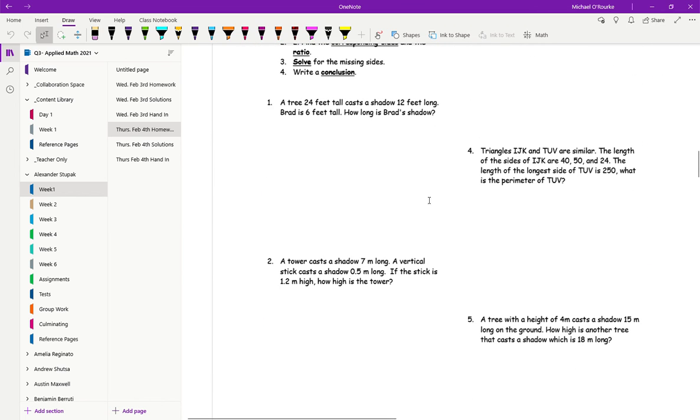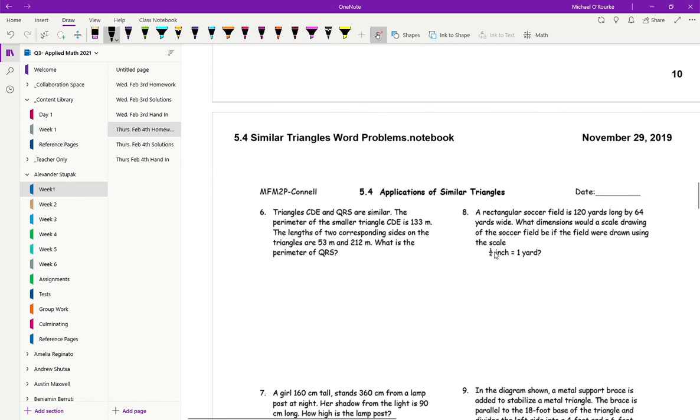Okay? There's a bunch of shadow questions. Question 4 we did, so we can take out question 4 if you remember too, right? Because we did that one in class. But question 4 just looks just like this one here.